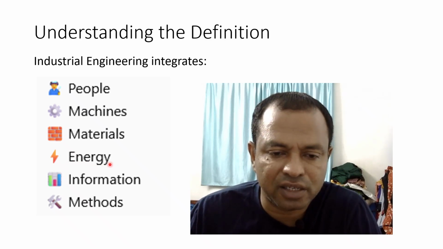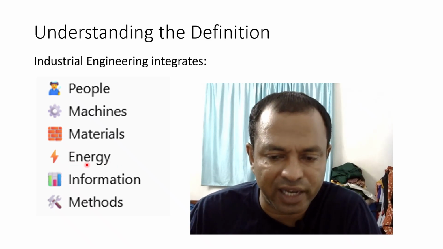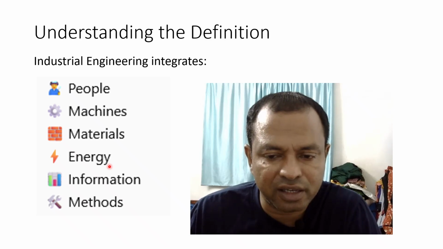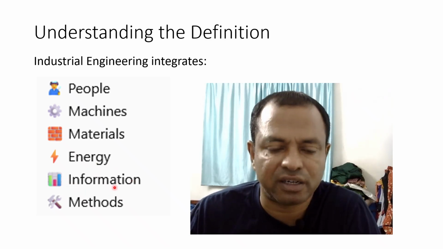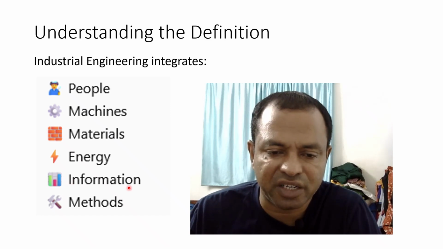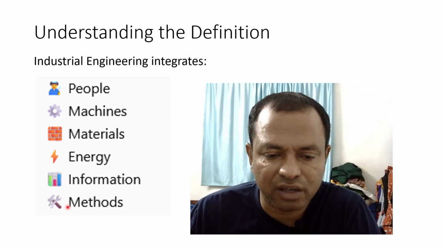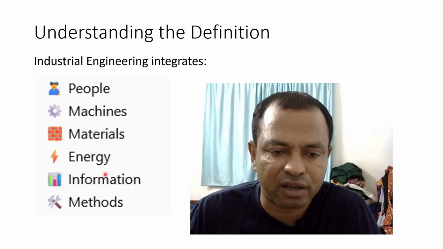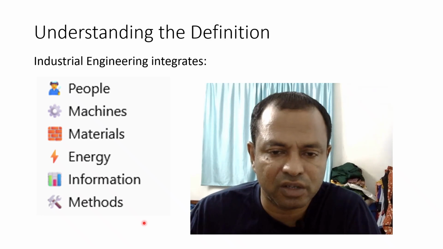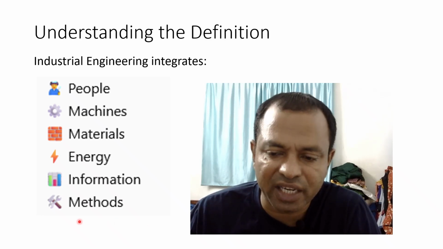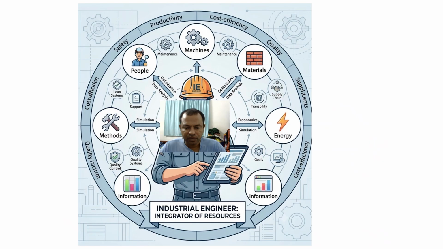It can be steam energy, electricity or solar energy. It can be any type of energy. And information is the communication between different entities. And methods, how the work is going on, how the people are doing the work, that comes under methods. So industrial engineering integrates all these.